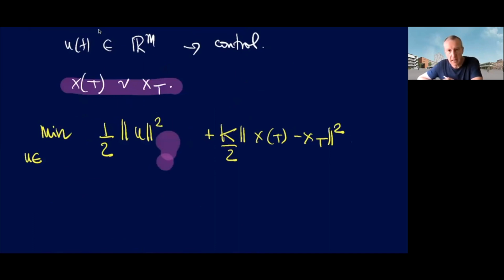I penalize the control in which norm? You would like to have a norm here so that when I look at this minimization problem, you will be able to say, well, there is a minimizer.